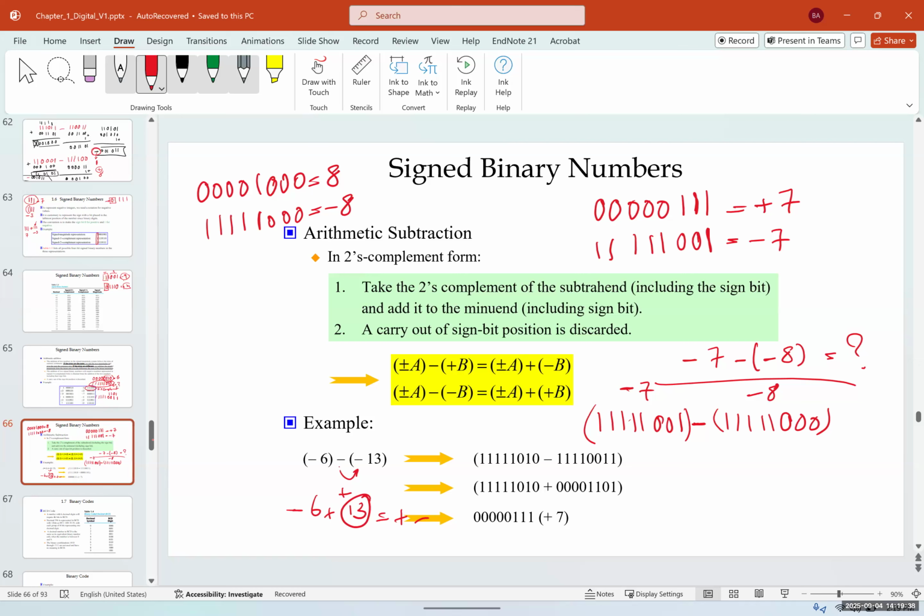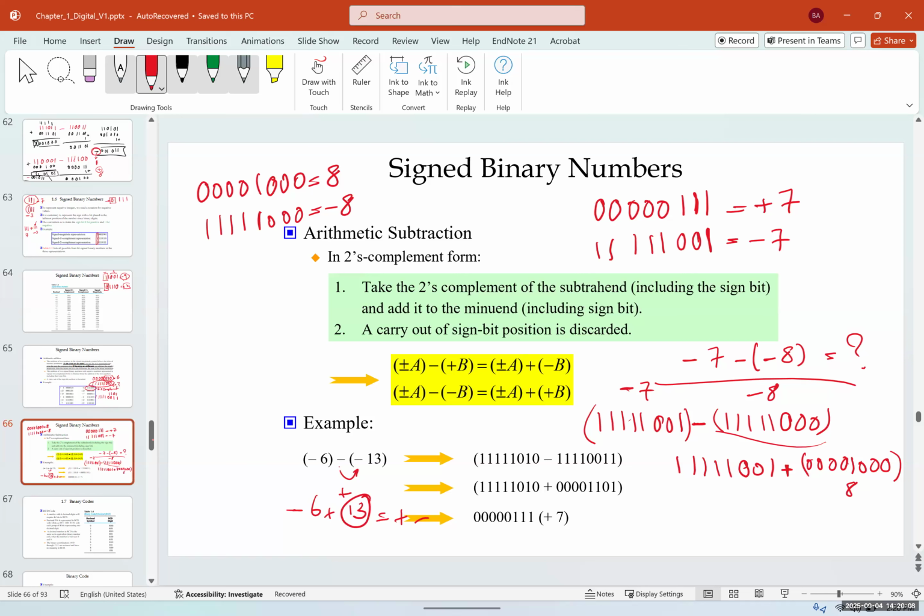Now to subtract these two, again, I have to find the complement of this. So it's going to be 1, 1, 1, 1, 1, 0, 0, 1 plus the complement of the second one, which is going to be 0, 0, 0, 0, 1, 0, 0, 0, which is 8 technically.